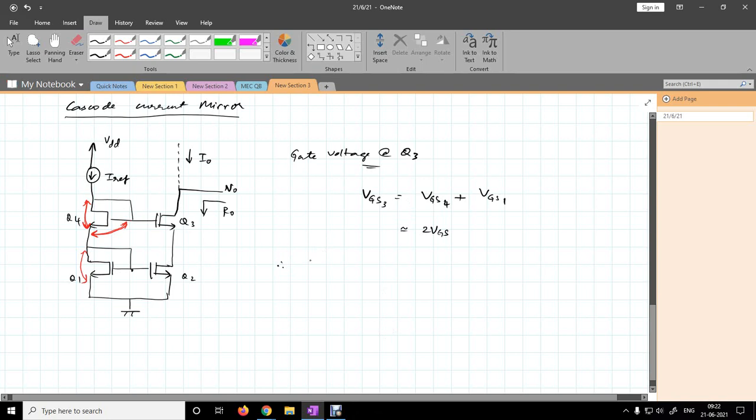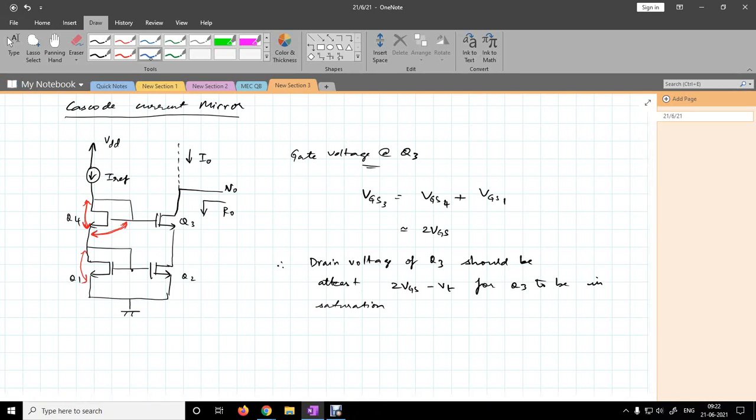So the drain voltage of Q3 should be at least 2 VGS minus VT for Q3 to be in saturation, right?